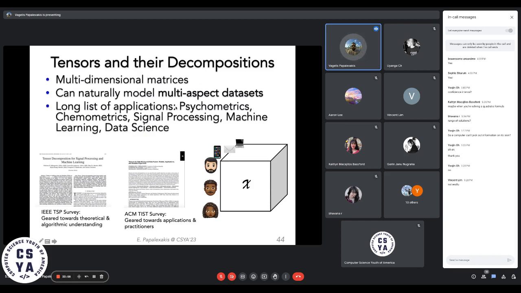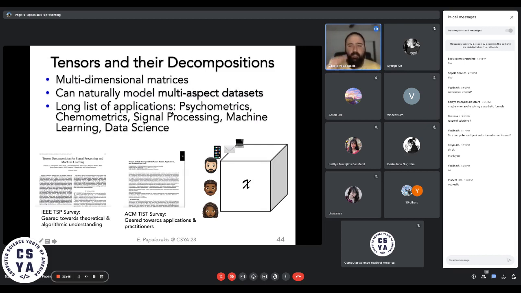Early on, almost a century ago, those methods started being developed in psychometrics, which is basically the analytical statistical component of psychology, where you have, let's say, questionnaires, and you get folks to answer certain questions, but then you try to understand individual differences and personality types and so on by analyzing this data. Subsequently, those methods were adopted and rediscovered in chemometrics, which is the chemical data analysis field.